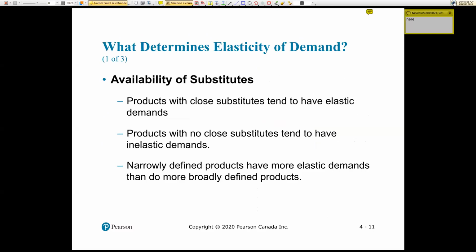So what determines the elasticity of demand? If products are close substitutes, then they have elastic demand. Does somebody have an example of that? Pepsi and Coca-Cola. Yeah, great example.